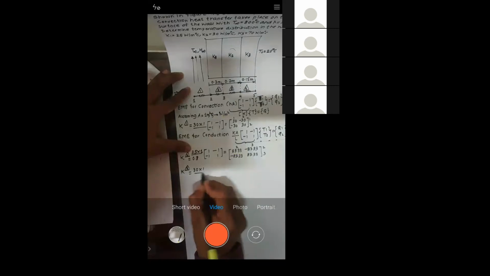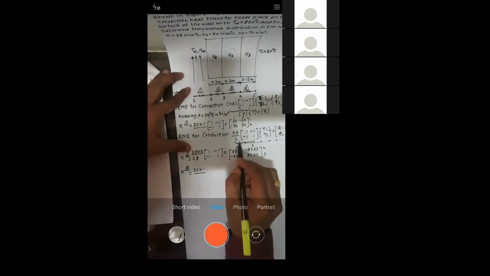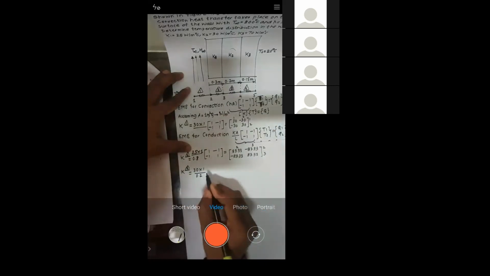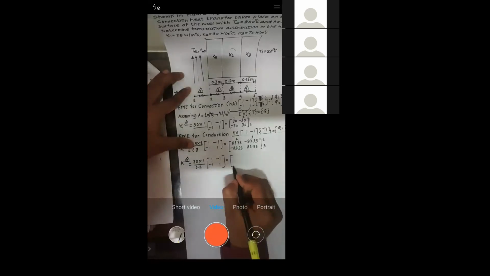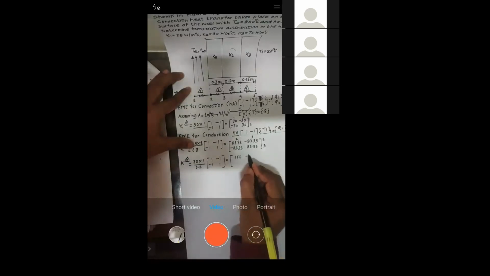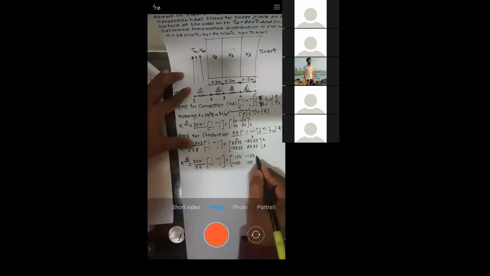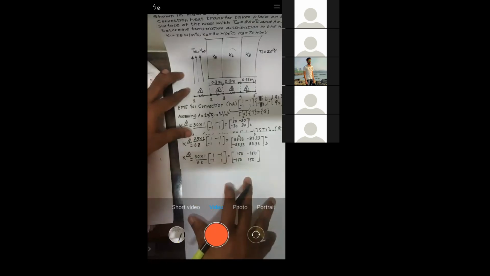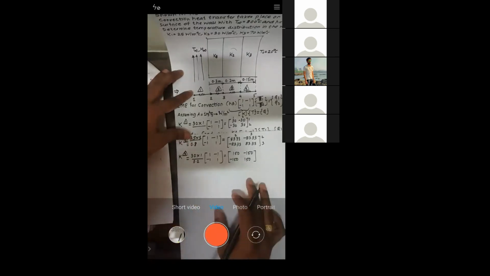Its area is 1. K A by L. What is the length of element number 3? It is 0.2, into 1 minus 1 minus 1. 150. How much? 150. All of you check your answers. See, I am directly solving the numerical here, so if you commit a mistake, obviously we need to solve it again.